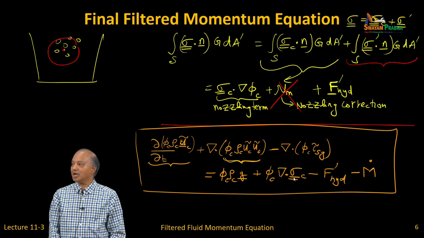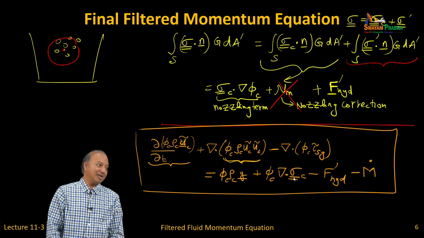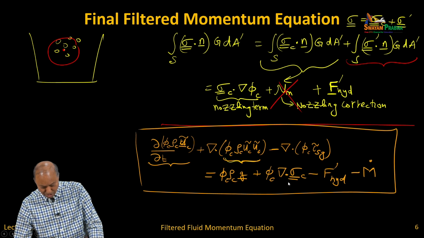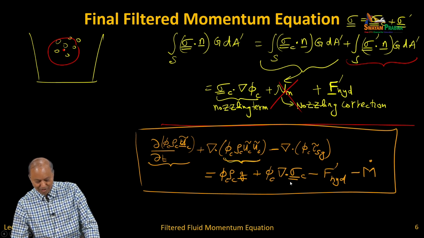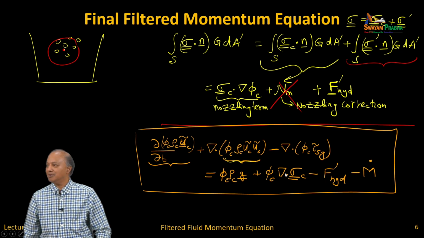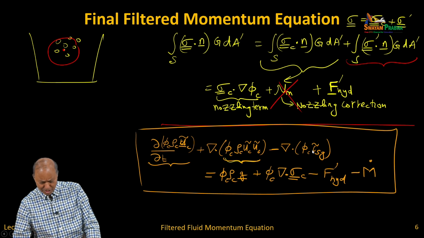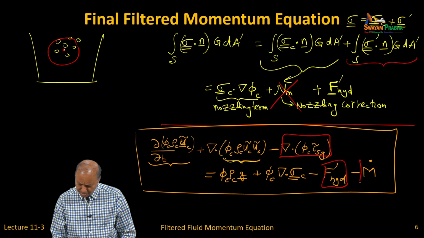Now, remember we talked maybe a couple of days ago that viscosity of a multi-phase flow will be different. Therefore, you can't quite put in whatever you do for flow without particles, you may have to model and change it. So, modeling happens in this term, in this term, in this term.